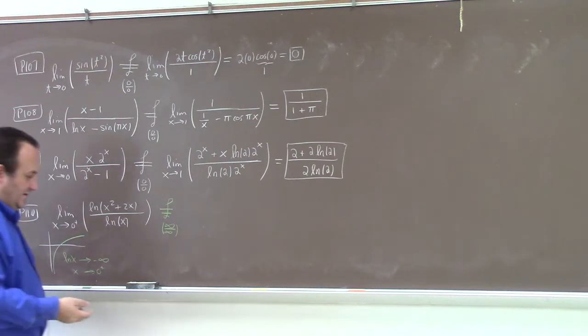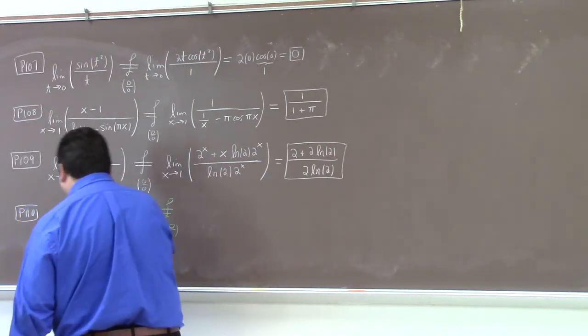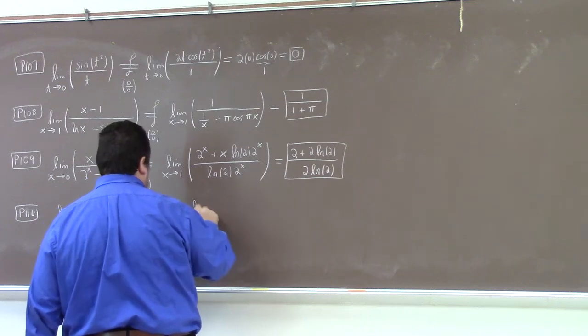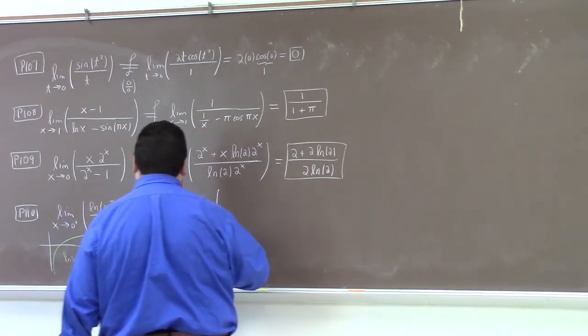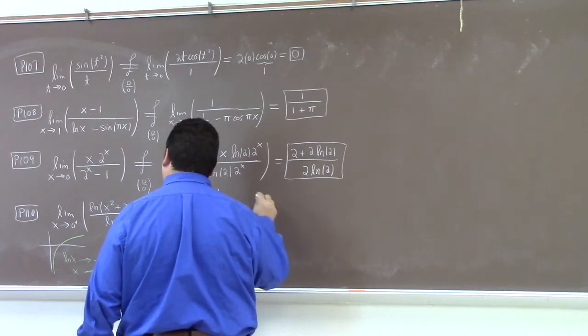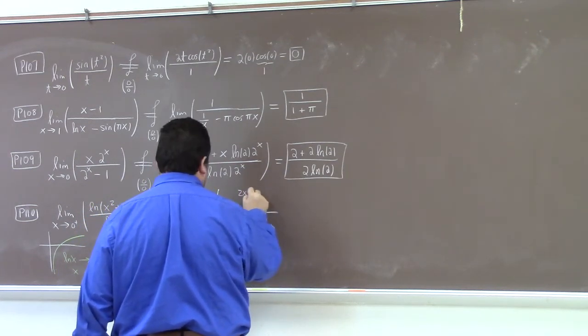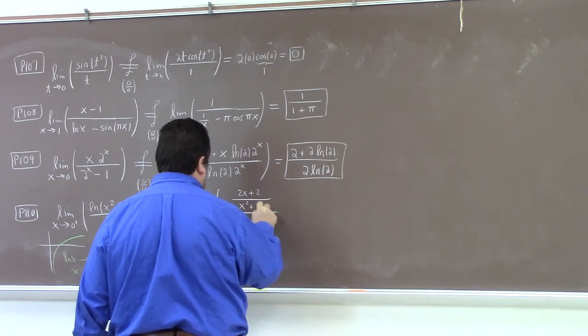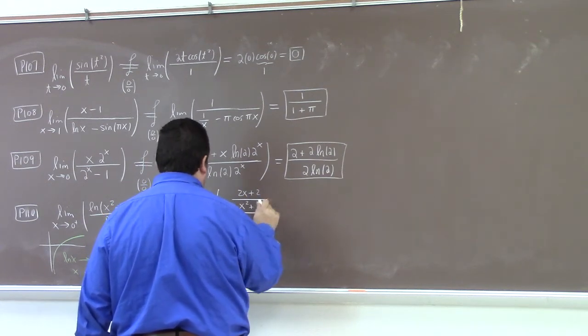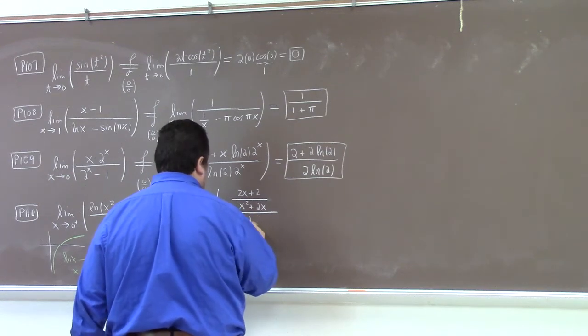So differentiate those. How does it go? Limit as x goes to 0 from the right. Huge fraction. All right. I've got 2x plus 2 divided by x squared plus 2x. I'm using that chain rule for the log that I told you about a second ago, and 1 over x.